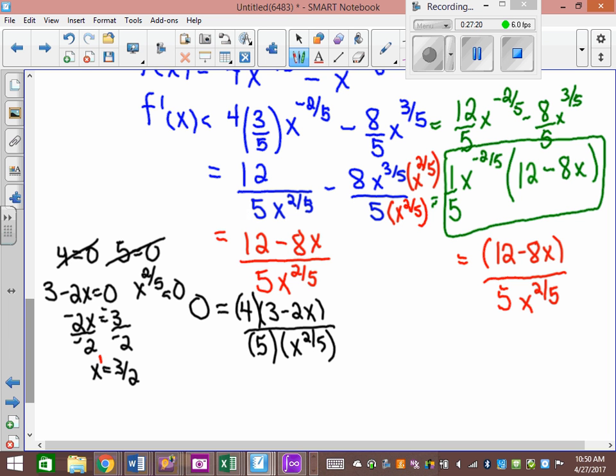So how can I make x to the 2/5 to the power of 1? Well, I can raise this side to the 5/2, which means I have to also raise the 0 to the 5/2 as well, because what I do to one side, I have to do the other. What's 2/5 times 5/2? 1. So you can get x equals 0, because 0 to the 5/2 is just 0. So those are our two critical numbers.